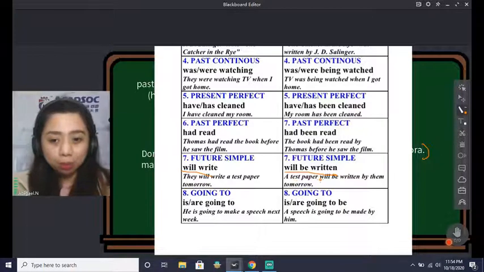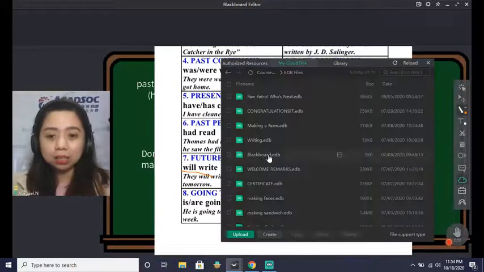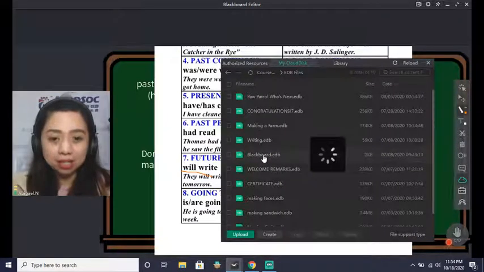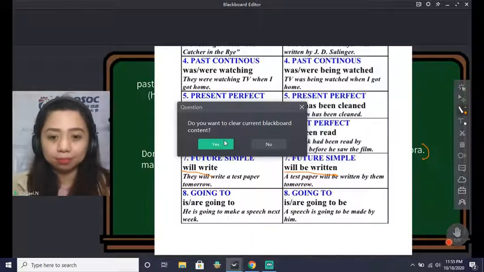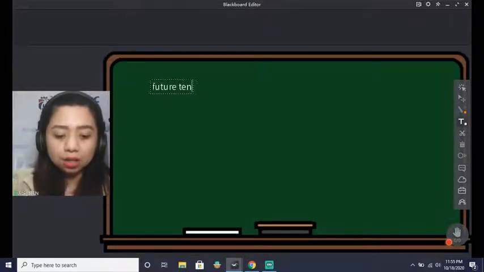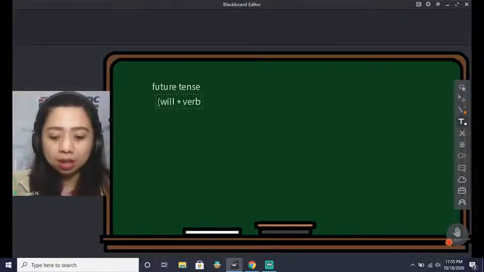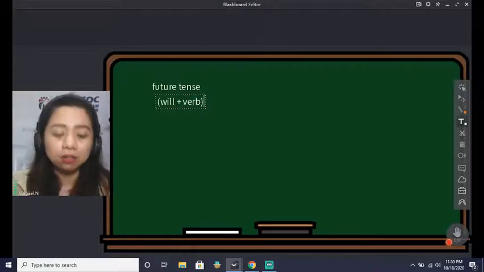A test paper will be written by them tomorrow. Let's make our own sentences. Future tense: the modal will plus the base form of the verb.